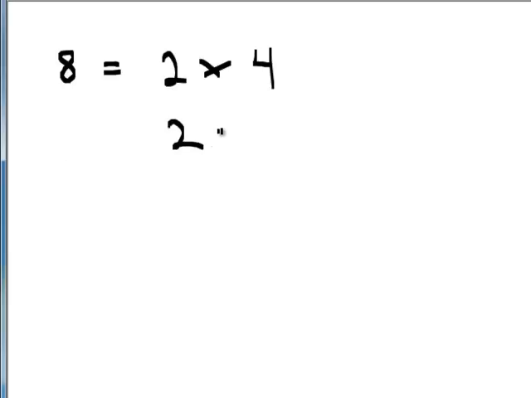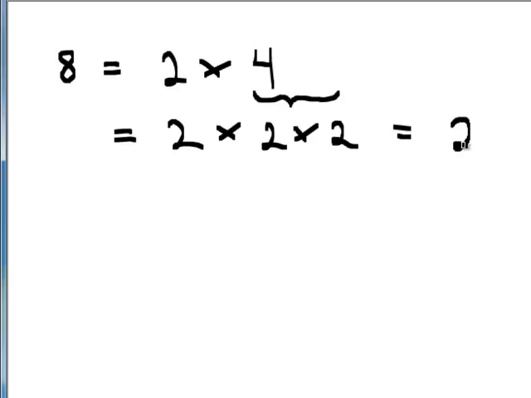So we write this as 2 times something, and 2 times 2 is 4. So we have 8 equals 2 times 2 times 2. But if we write it in index form, it's 2 index 3. So this one is simple.